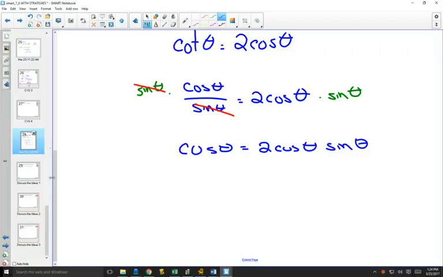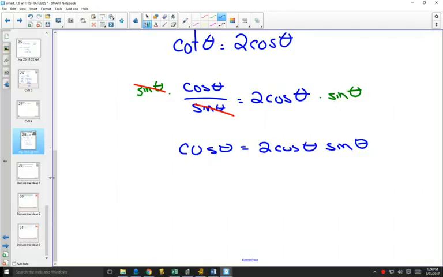Well, if cos is equal to 0, what's my left side equal to? 0. If cos is equal to 0, what's my right side going to be equal to? 0. Are those two equal? 0 equals 0? Yes. If I divide by cos, and one of the solutions is cos equal to 0, I'm dividing by 0. So generally in a solving question, we don't like to divide unless we really have to.